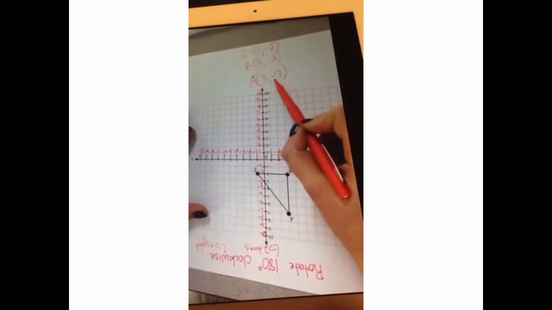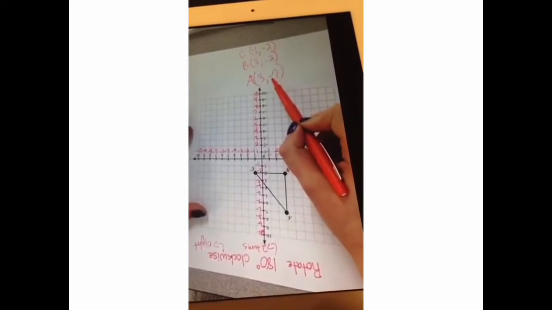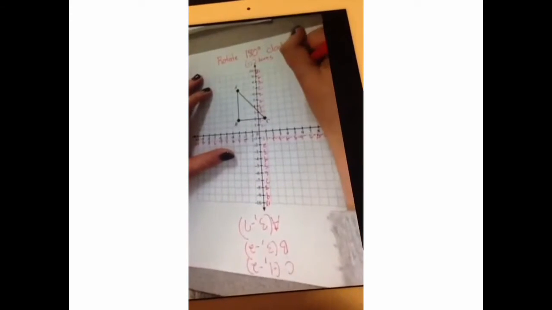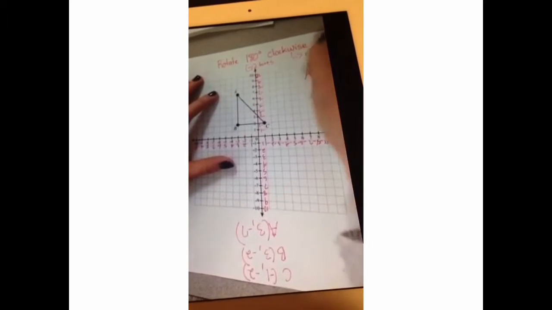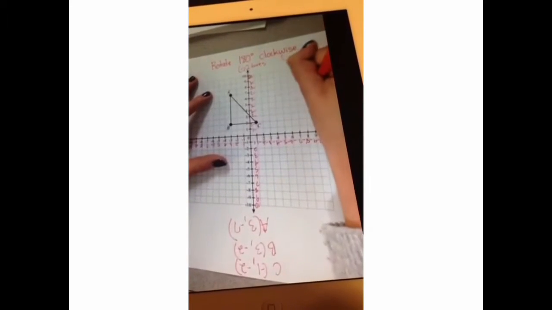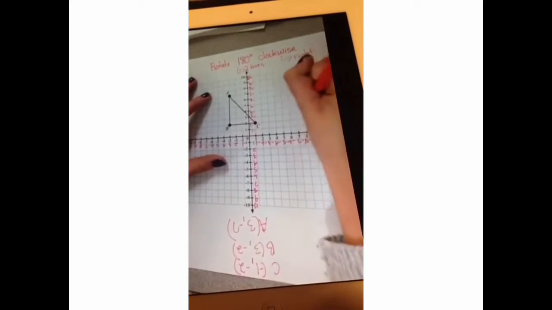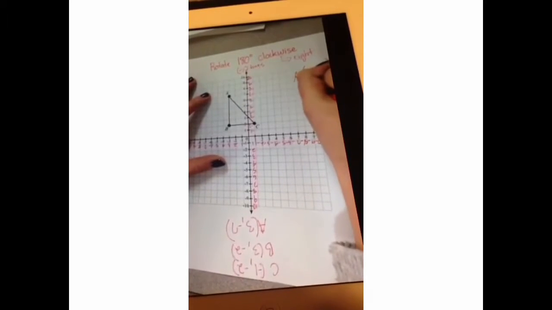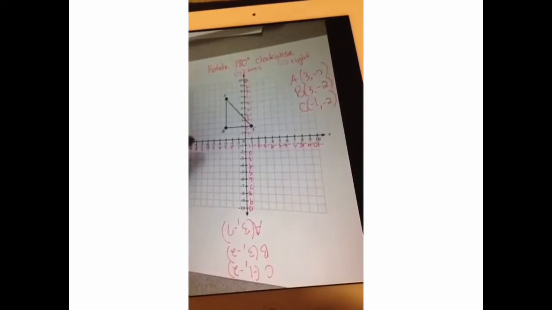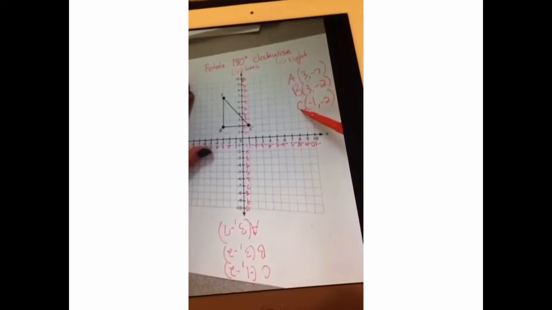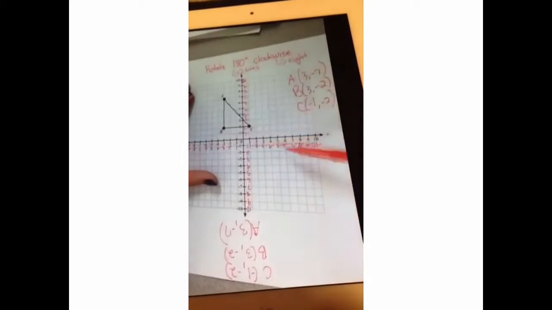Now that I have these coordinates written, I'm going to turn my paper back to normal. And I'm also going to rewrite my coordinates here so we can see them a little bit easier. 3, -7, 3, 2, 1, -2. Okay, now my next step is simply to plot these coordinates on my original graph.